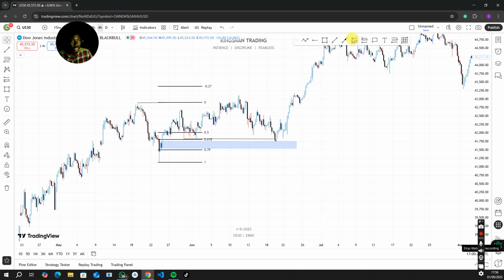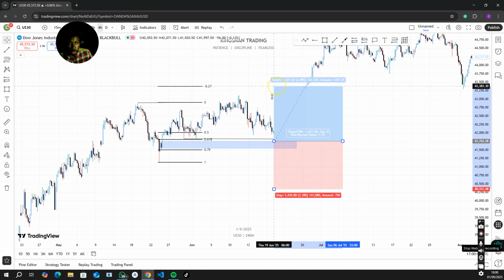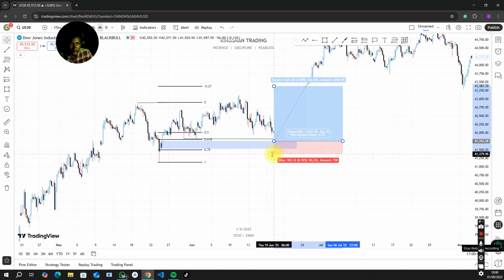So now if we want to be taking this trade, our entry is going to be at this order block. At this level, our target at the 0.27 and our stop loss should just be below the 0.79 level.